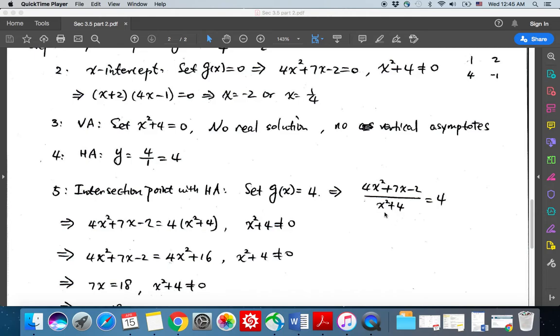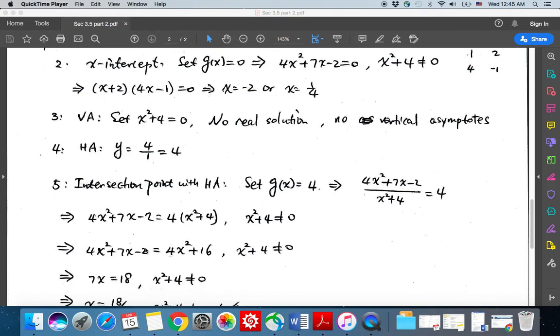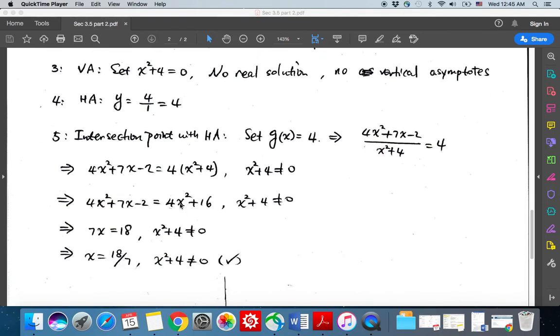So we can start by multiplying both sides of the equation by the least common denominator, which is x squared plus 4. That gives us this equivalent form. We move the quadratic term to the left-hand side and combine them together.